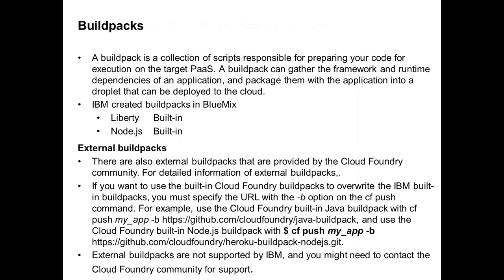So if you are using, say, Java, and there is an IBM compiler for Java already, and an IBM JRE, which you can just choose in the built-in runtimes in BlueMix. Or if you want to use your own, then you can very well specify that by giving some options in the command line tooling that we used to manage these applications.